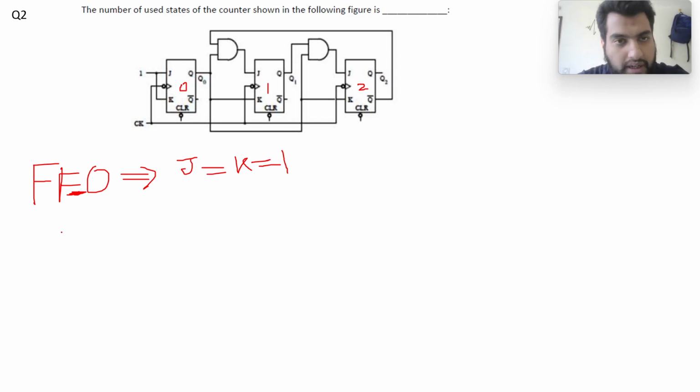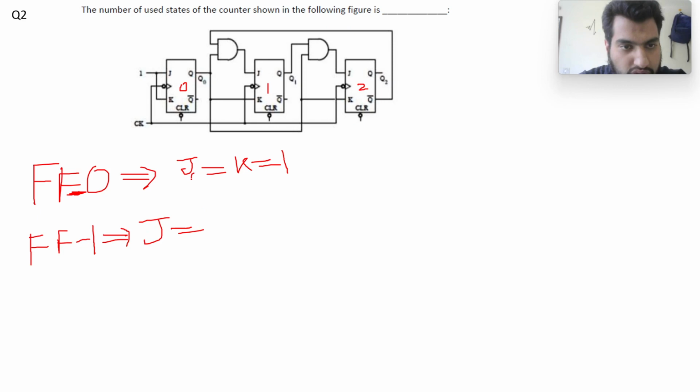Now we need to look at flip-flop 1. My J, if I follow it, is coming from the output of an AND gate. Let's see what the inputs to the AND gate are. This goes here, so it's Q2 complement.